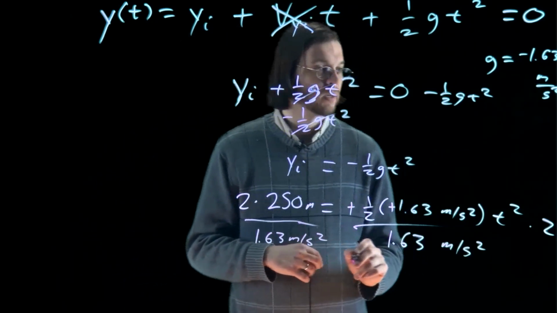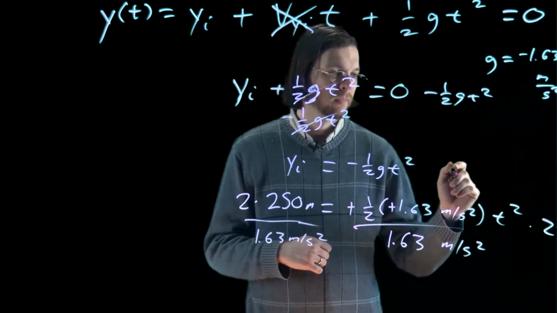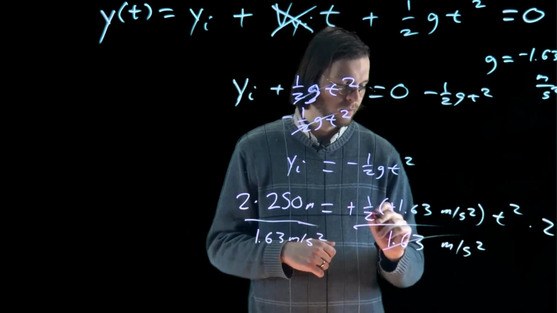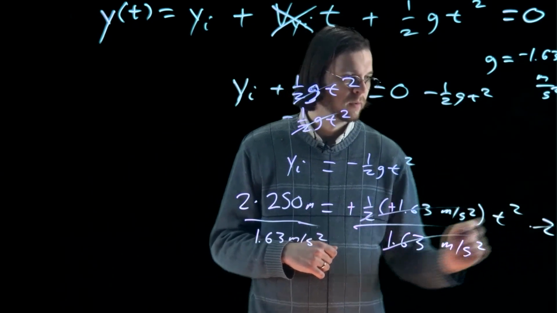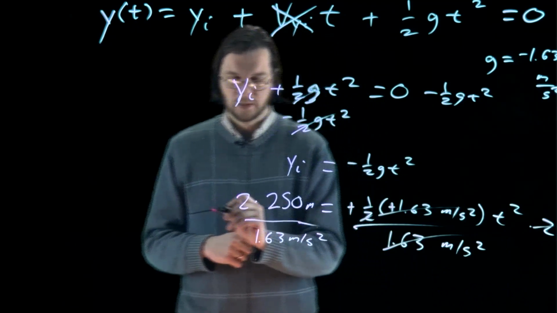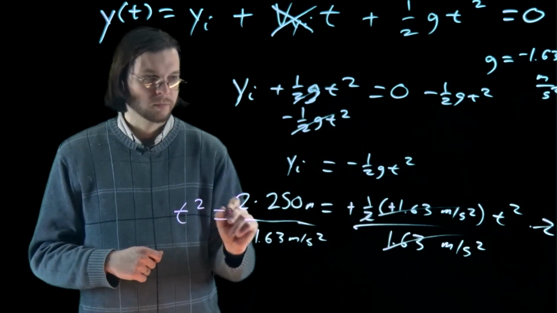So all these things cancel out, and this whole thing equals t squared is what we find.